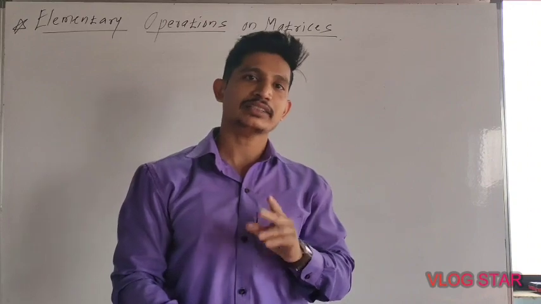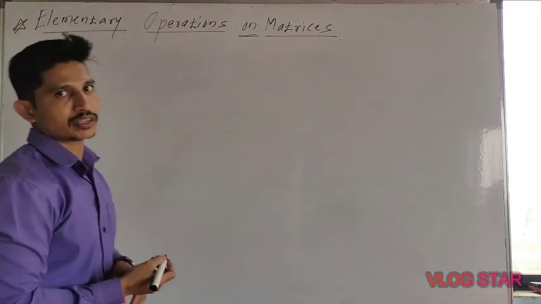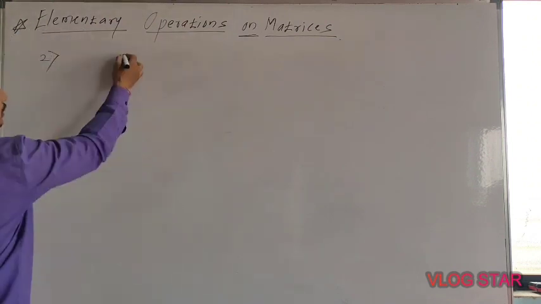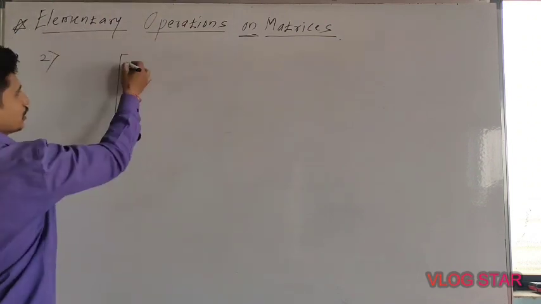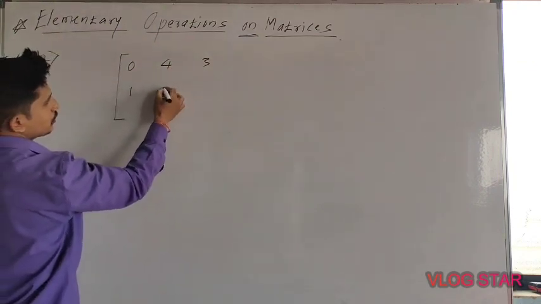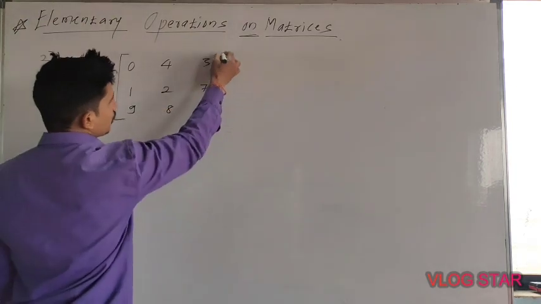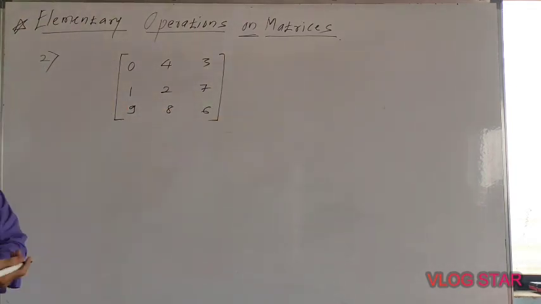So I'll write operation number 2. I'll write one example here: 0 4 3, 1 2 7, 9 8 6. Whatever, I have taken one example here.